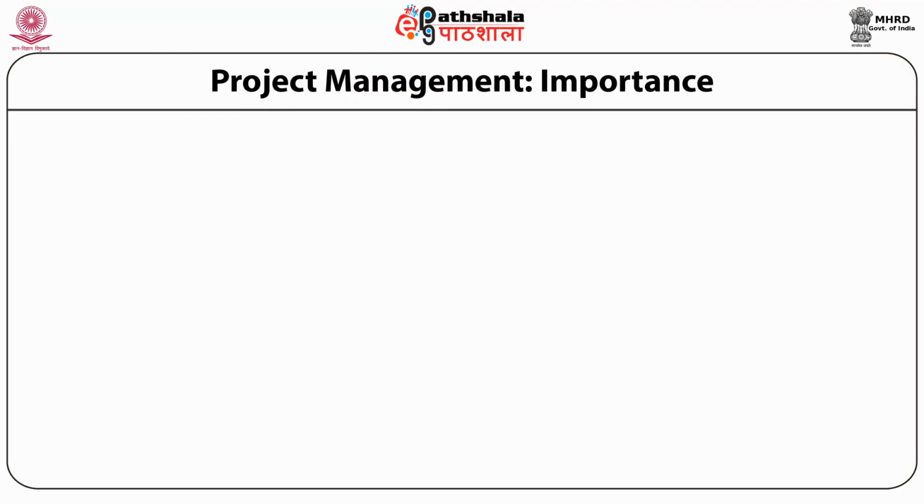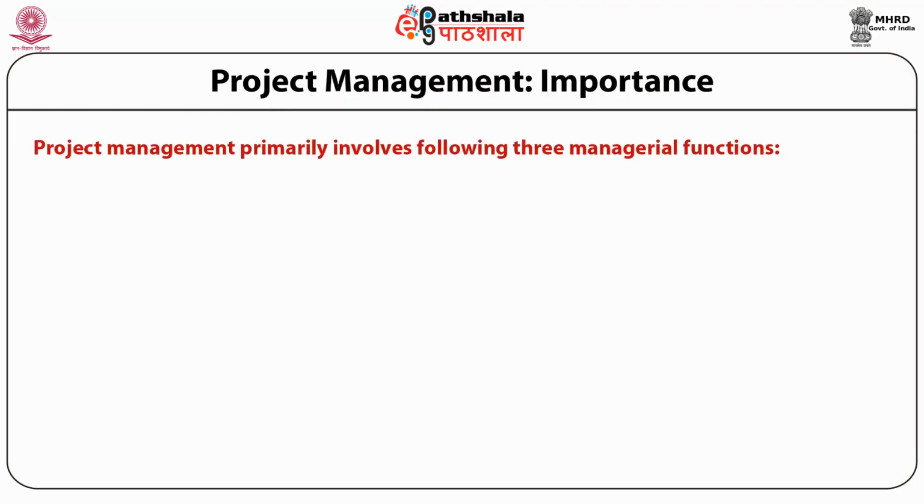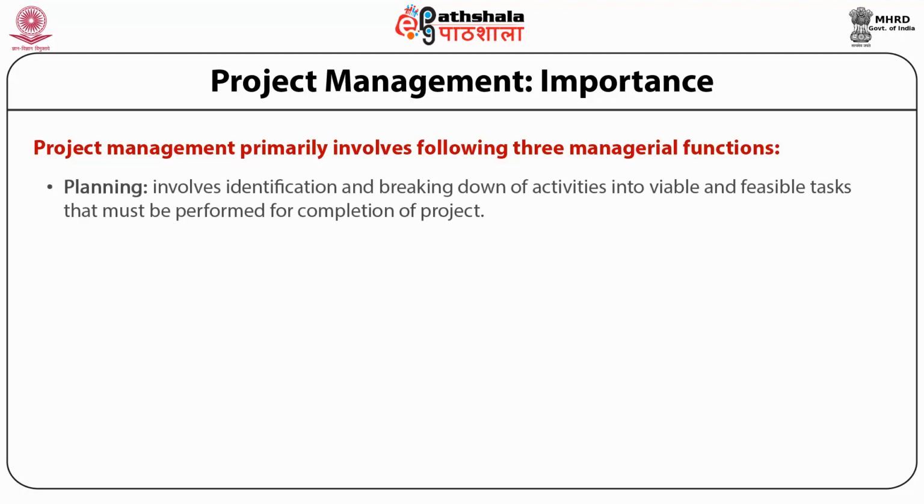Also, the chapter discusses the time-cost model of a project, which provides the effect of a change in the time of an activity on the total cost of completion of the project. Project management importance. Project management primarily involves the following three managerial functions. 1. Planning.